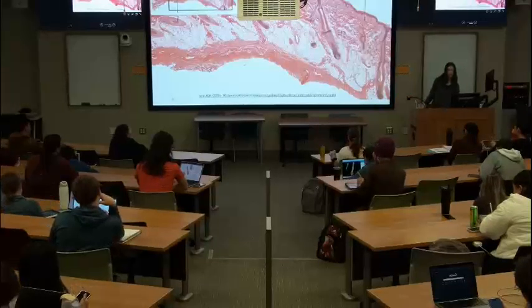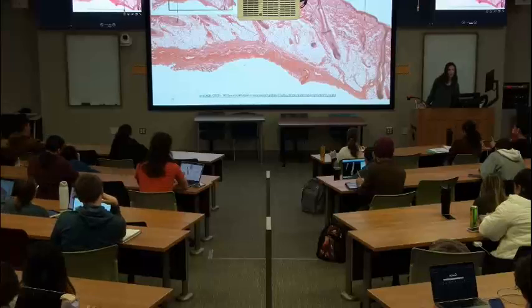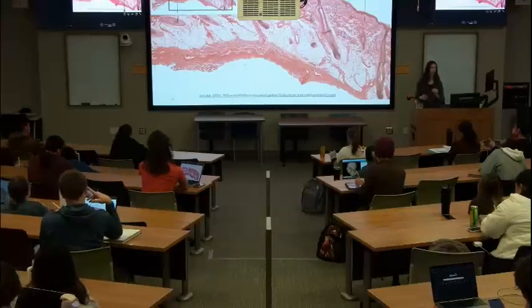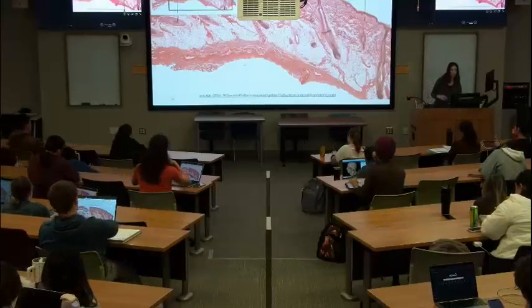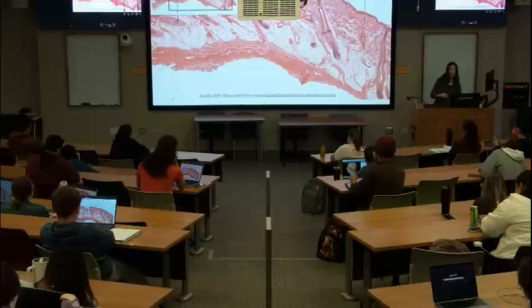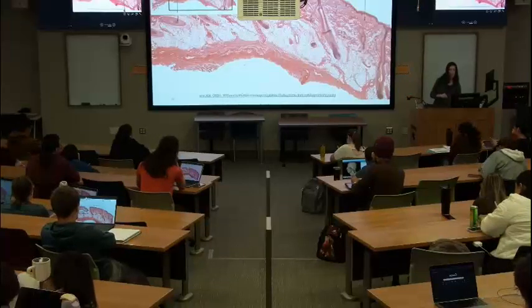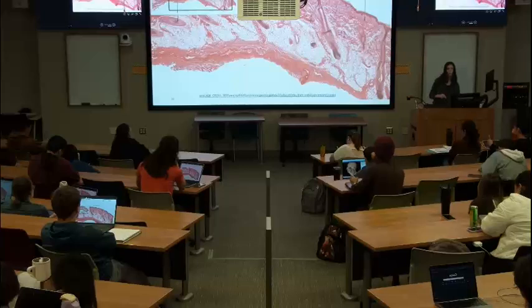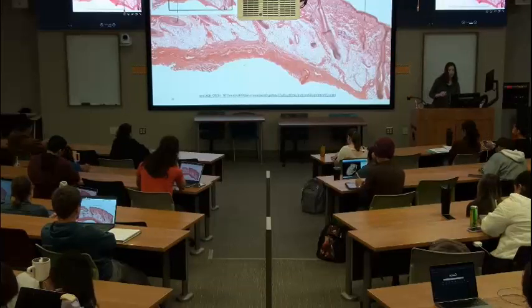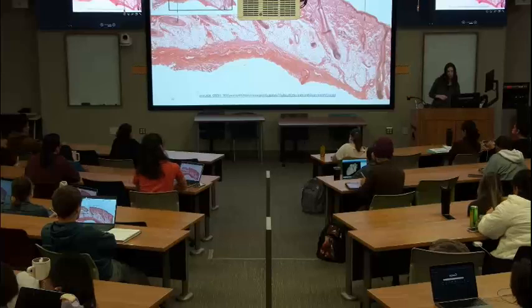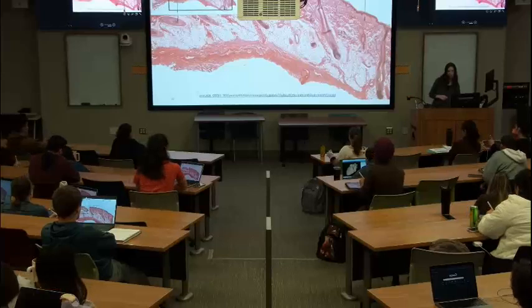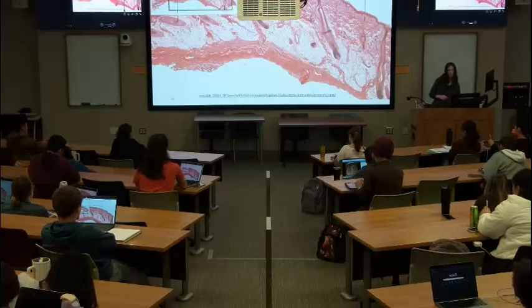If you see yellow on these slides, it's going to be the actual hair root. Right, so the hair root is inside the follicle, and then you can see the different layers of follicle outside of that. If you look, you see this very, very skinny red thing here? See that little skinny line?